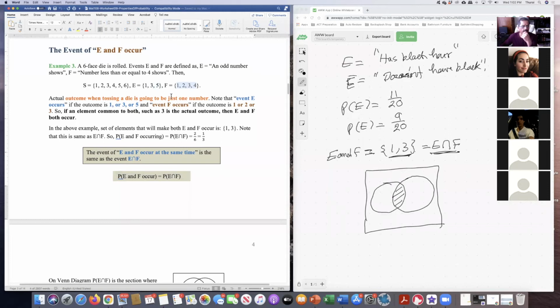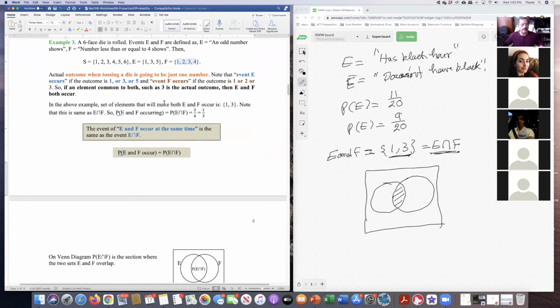So what outcomes will make the event E occur but not F? The number 5. Yes, 5 is the only one that will make the event E occur, but not F.